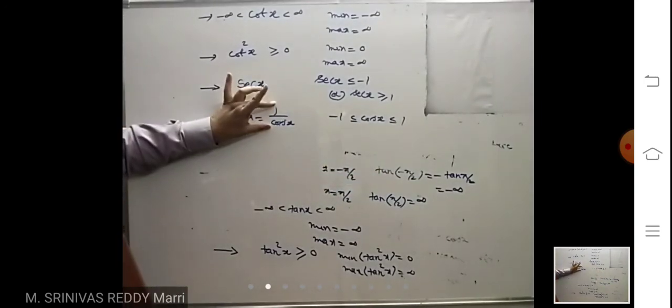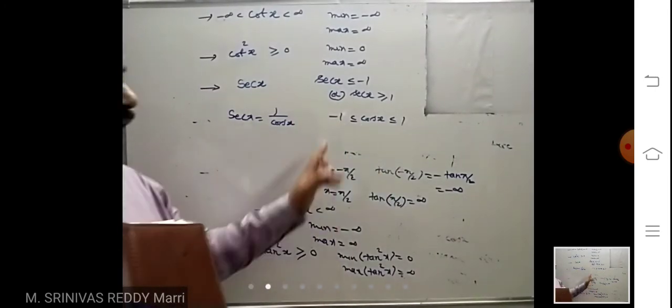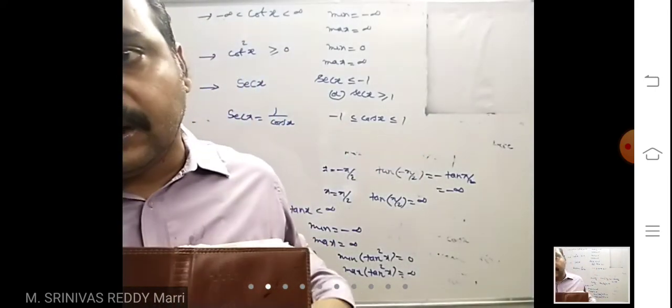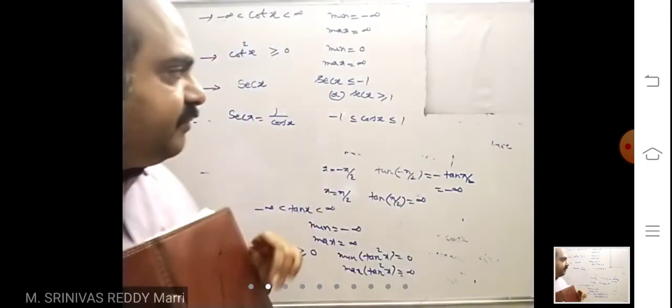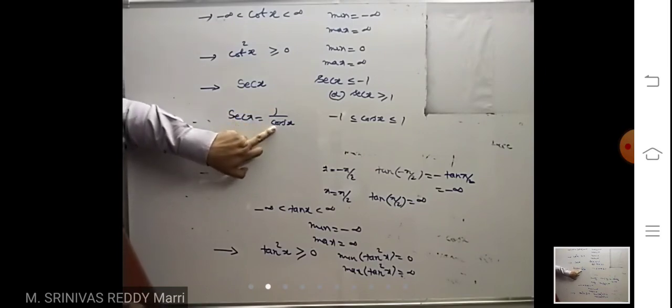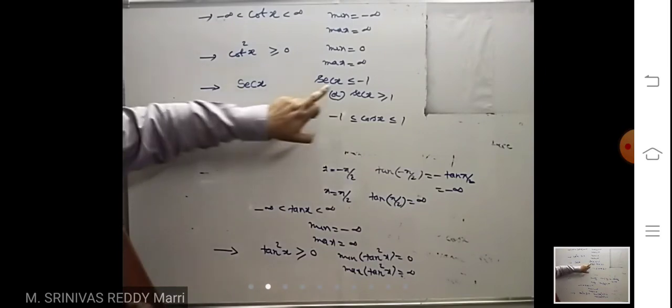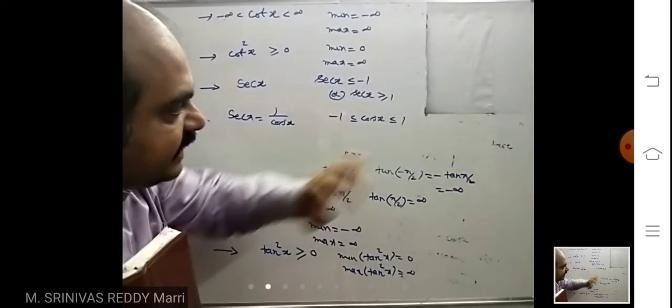Its reciprocal will not lie between minus 1 and 1. Take any value between minus 1 and 1, let us say minus 1 by 2. Then 1 divided by minus 1 by 2 gives minus 2. This will always be less than or equal to minus 1 or greater than or equal to 1.